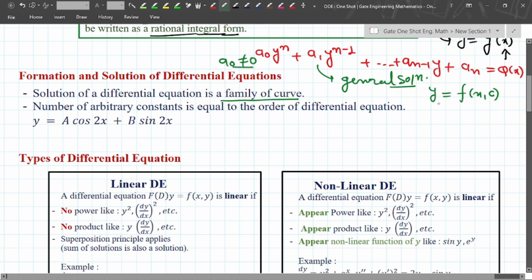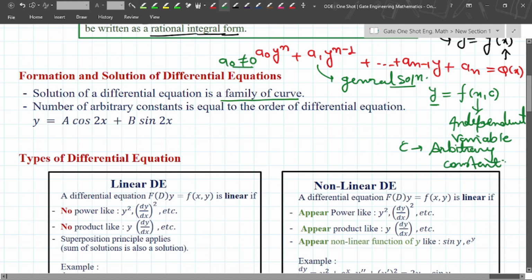Now what is this? This is nothing but a function of x and c, where x is the independent variable and c is called an arbitrary constant.